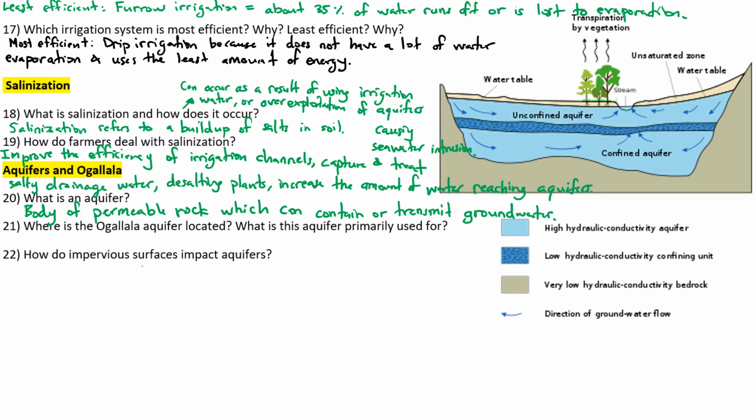Where is the Ogallala Aquifer located? What is the aquifer primarily used for? So, it's located in the Great Plains of the U.S., used primarily for agriculture.